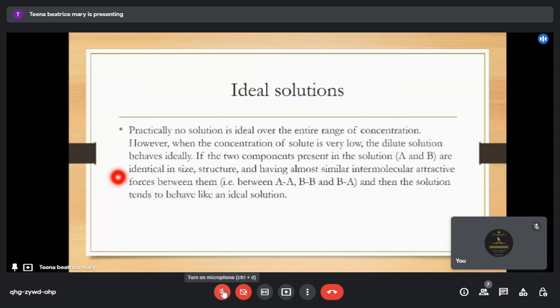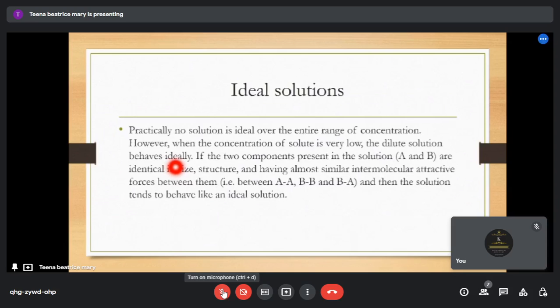However, when the concentration of the solution is very low, the dilute solution behaves ideally. When it is very low, it behaves ideally. That means if the two components present in the solution, A and B, are identical in size and structure, like benzene and toluene. If you take benzene, its formula gives toluene when you substitute one methyl.